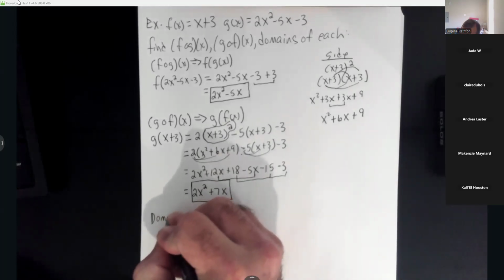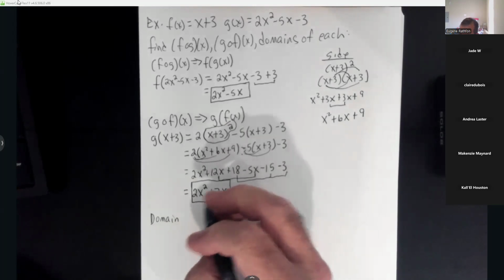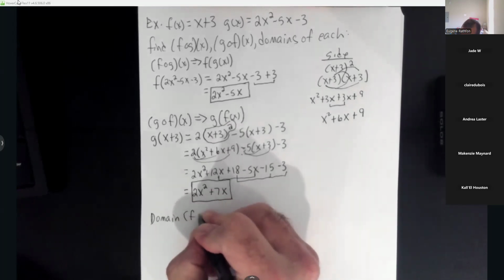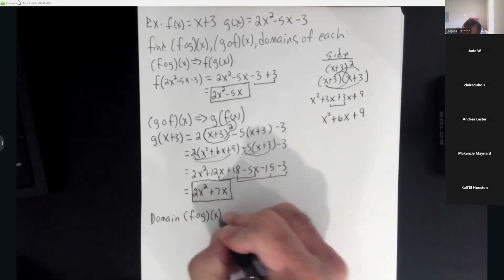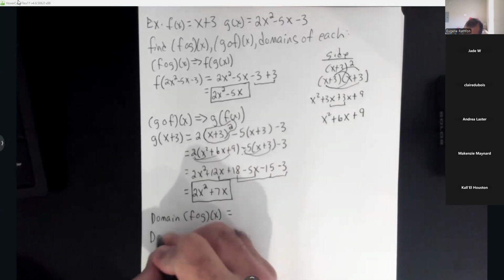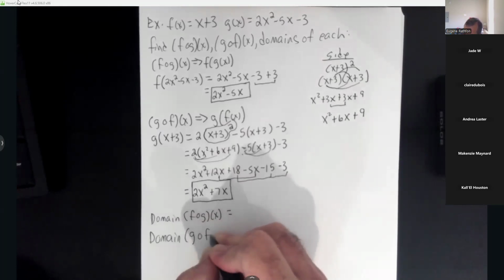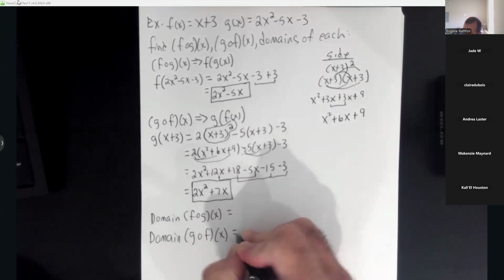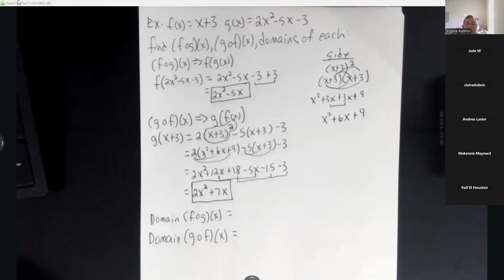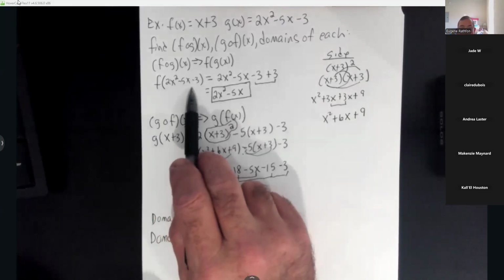All right, so let me do the domain of my f of g of x. And then we'll do the domain of our g of f of x. So I did my f of g of x up here.